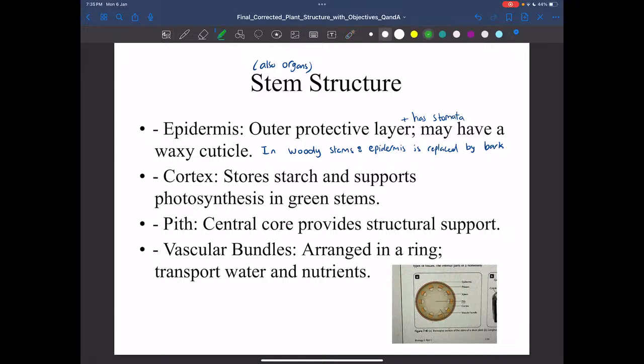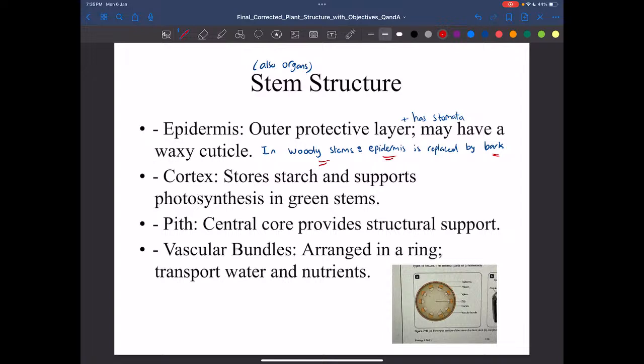And remember in the beginning I mentioned to you guys that we can also classify plants into woody and non-woody. So in woody stems, this epidermis does not exist, it is usually replaced by bark, and bark is just layers of dead cells stacked on top of each other, which provide, of course, rigidity and toughness.